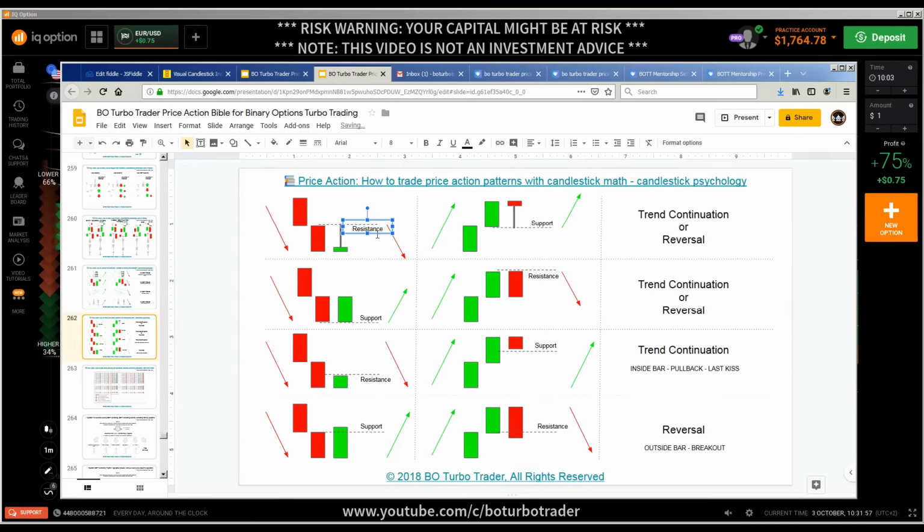If this wick is, for example, crossing the support and resistance level, like this, then you can expect that the next candle will most probably be a small bullish one or a good bullish one. It depends obviously on the trend, on the distance to the Bollinger Bands, to the deviation Bollinger Band, and so on.